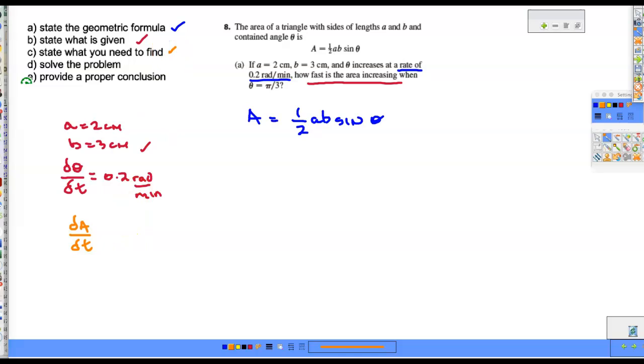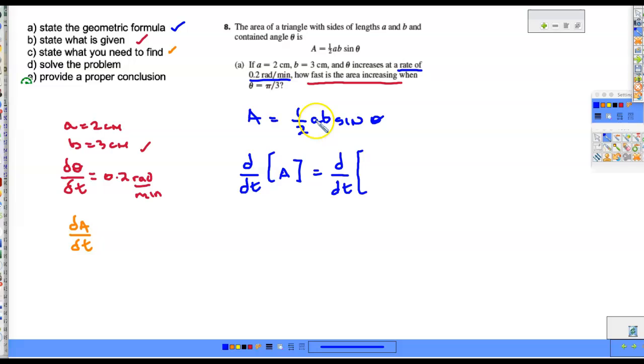Now, for this particular problem, we are going to have to take the derivative with respect to time of A, and the right side is also going to be differentiated with respect to time.